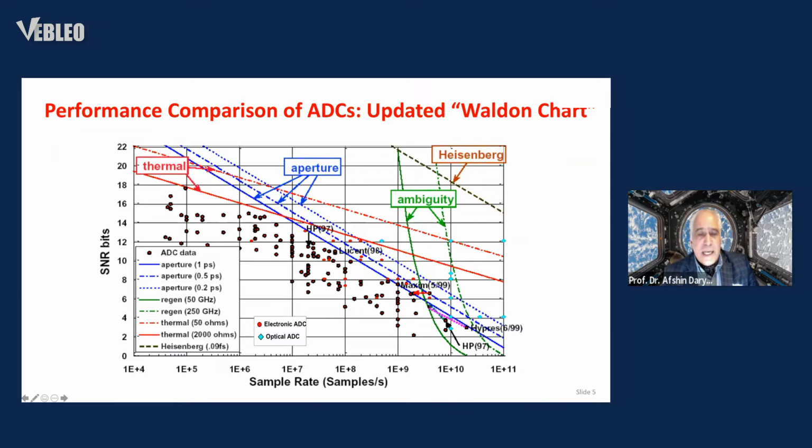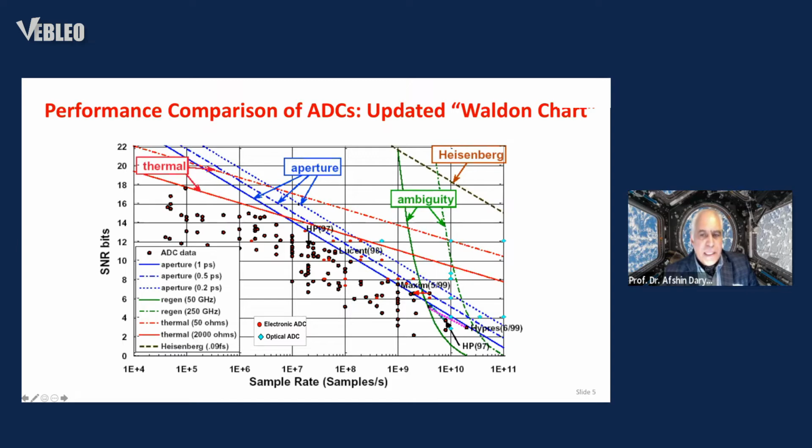One of the challenges that we are dealing with is the thermal aspect of the electronic circuits, as well as the bandwidth of the electronic circuits that are manifested in thermal and ambiguity, and then the quantum limit of the Heisenberg.